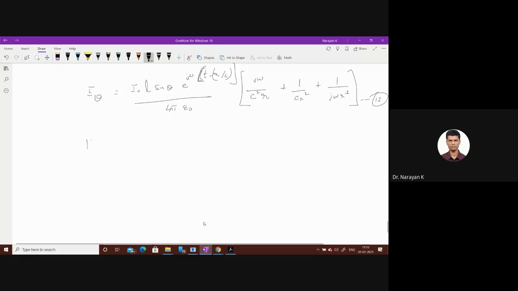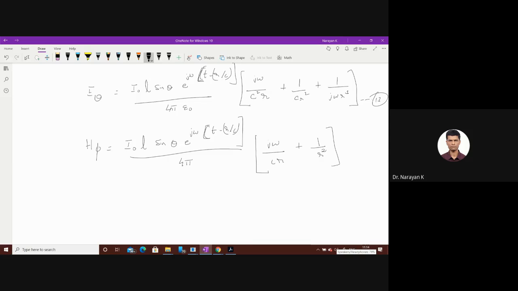H phi is equal to I naught L sin theta e raised to the power j omega (t minus r by c) divided by 4 pi into (j omega by cr plus 1 upon r square). This is your equation 14.